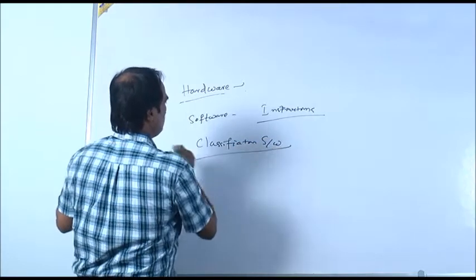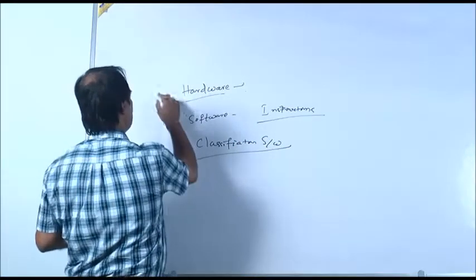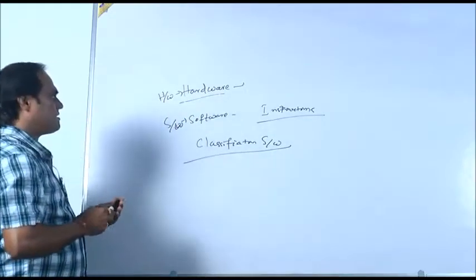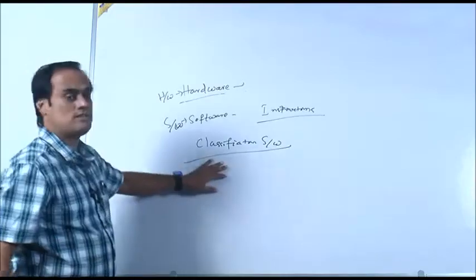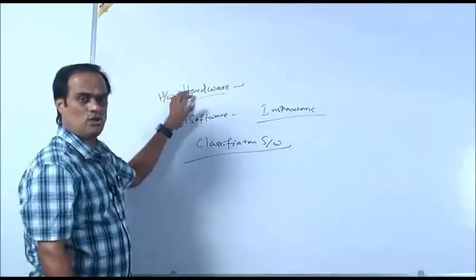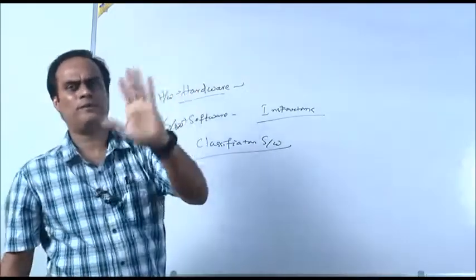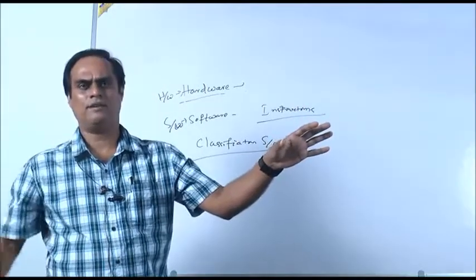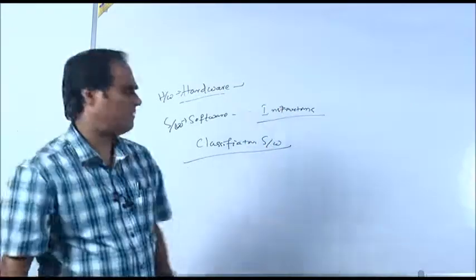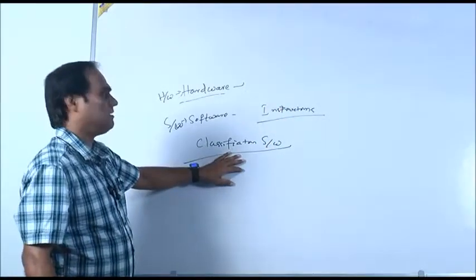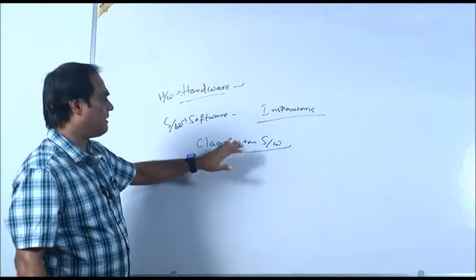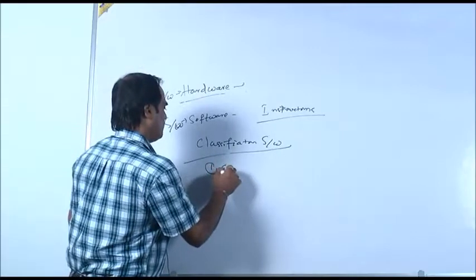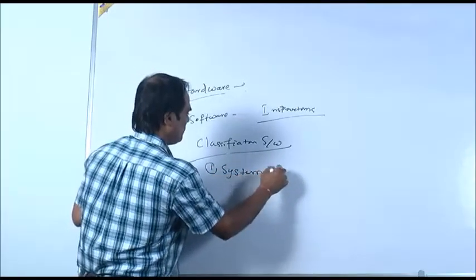So, classification of software means what? How is software classified? Hardware is not classified, because all the physical components are known as hardware. You can only say this is input hardware, these are output hardware, these are processing hardware. But when we are classifying the software, first comes system software.